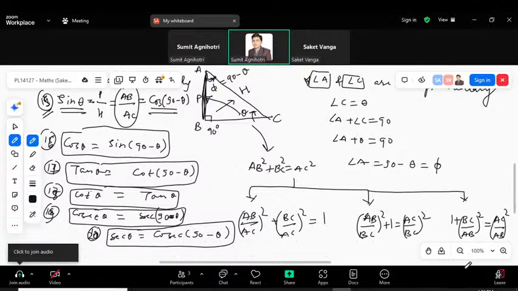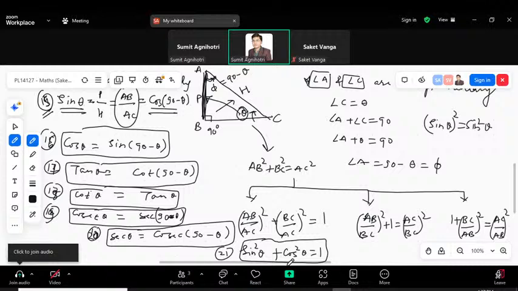But if I ask you what is AB by AC, you will say AB by AC is sin theta. And sin theta whole square is sin square theta. Do remember, sin theta whole square is sin square theta. And BC by AC is cos theta, and cos theta whole square is cos square theta. You derive the 21st identity, that is sin square theta plus cos square theta is 1. Similarly here, 1 plus AB by BC.